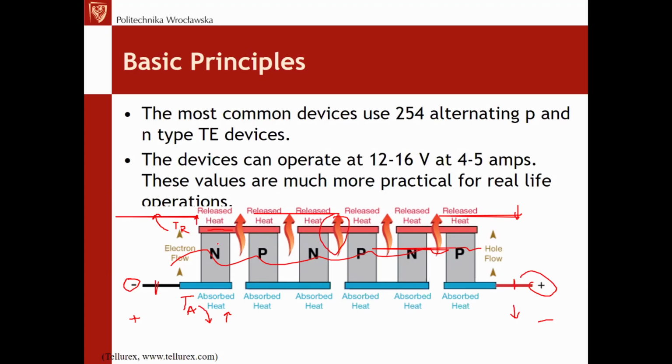For this reason, although we have very nice Peltier elements delivering the heat up and down, we really must not forget about placing here a very good heatsink. So the Peltier element is nice, but we must have here a very good heatsink.